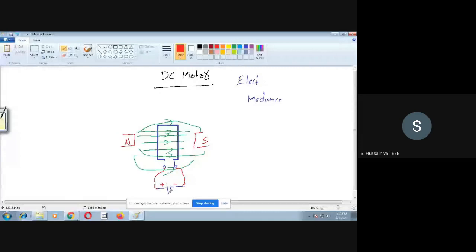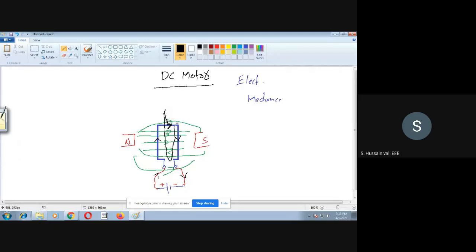This is electric. So when I give a battery here, what is the direction of the current? You can see yourself, this is the direction of the current. So current now flows in the coil. Once again, the same thing: there is a magnetic core, and this magnetic core is always there.